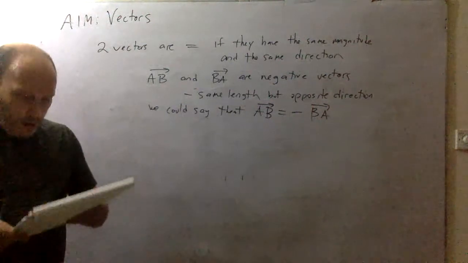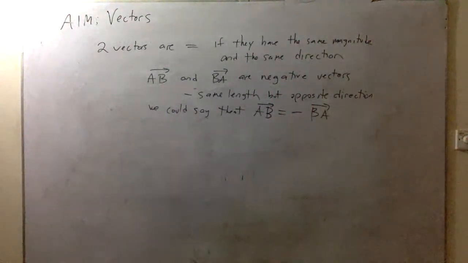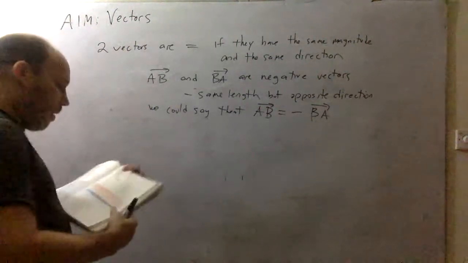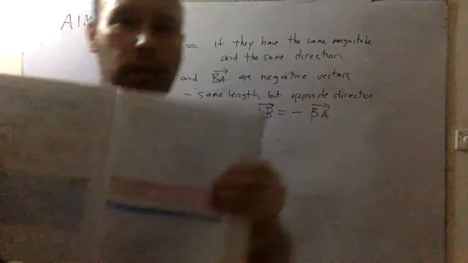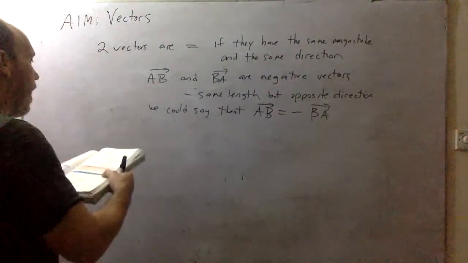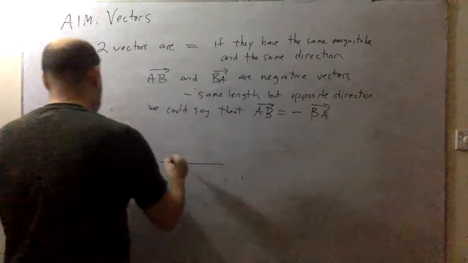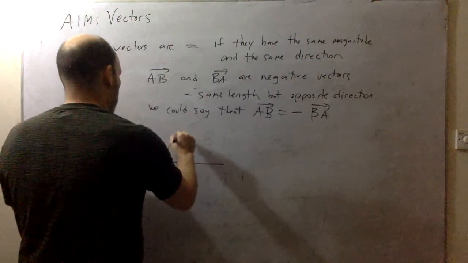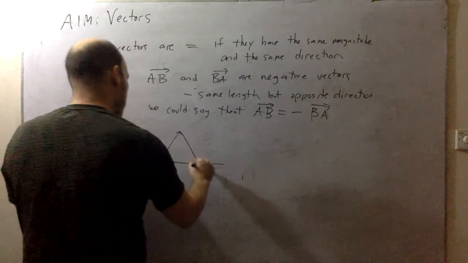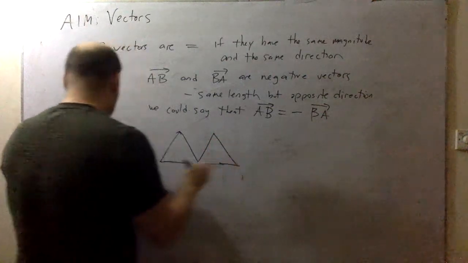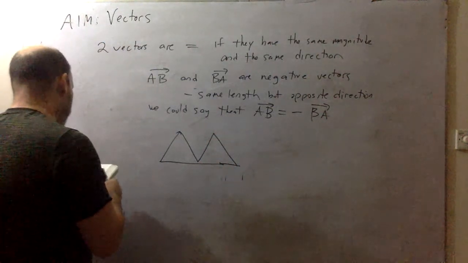Let's look at example 2 in the book. Take a picture of this, please. Good. The idea is we have this diagram with two triangles, AEB and BDC.